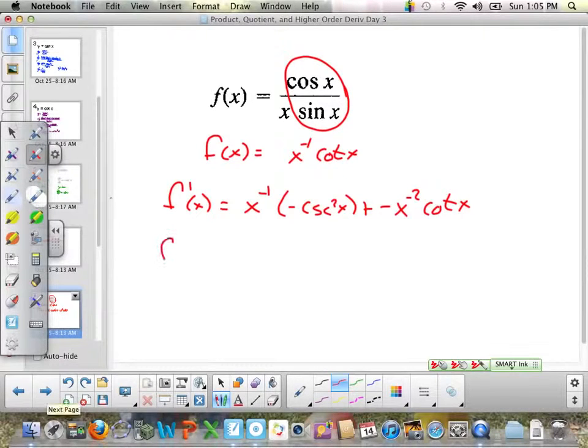We can clean this up a little bit. We'll go negative x to the negative 1 cosecant squared of x minus x to the negative 2 cotangent x.